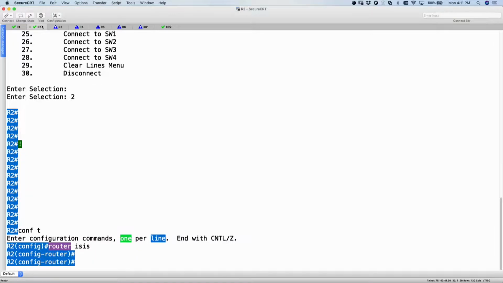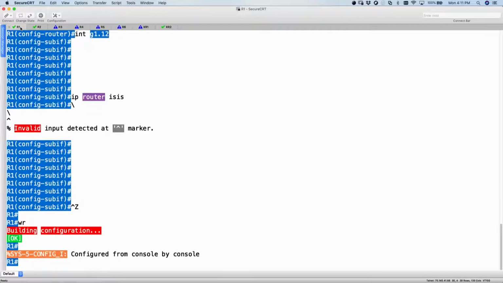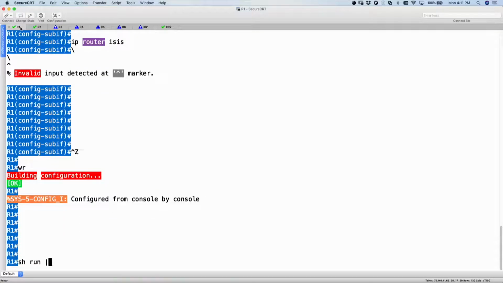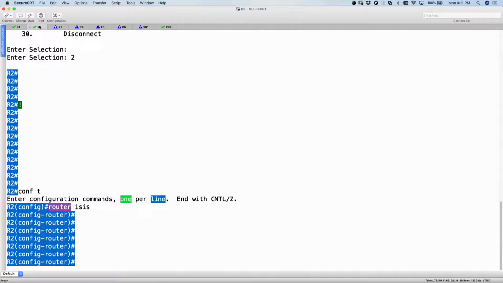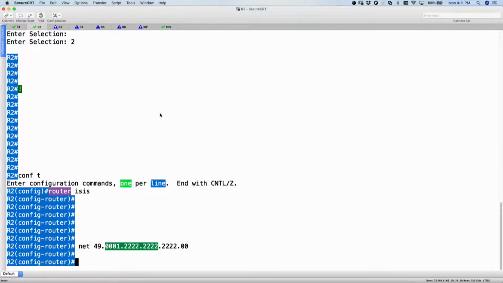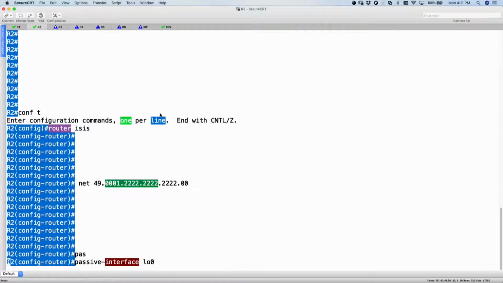So router ISIS, again, this part would be the same, so maybe I can just copy it from R1. I could just take this part and just give a unique system ID, 2222.2222.2222.00, and passive interface loopback 0.